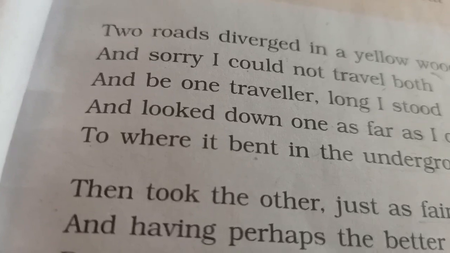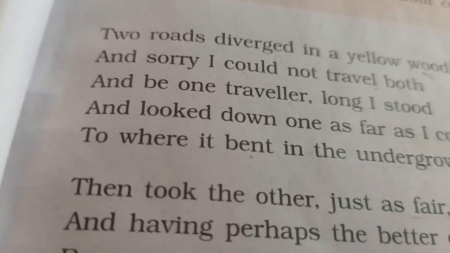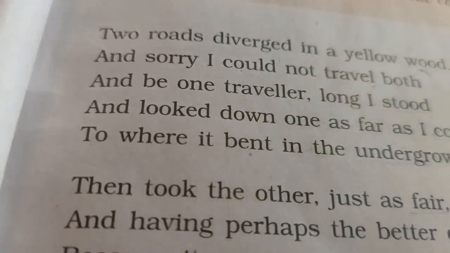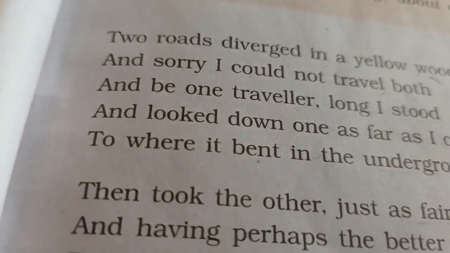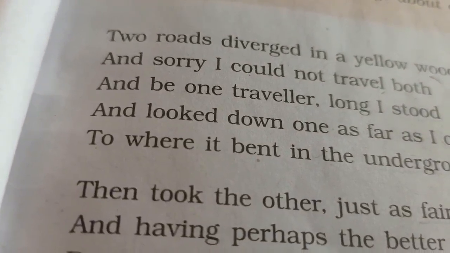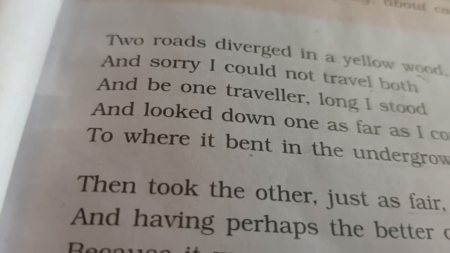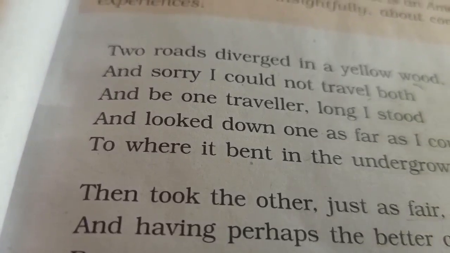For a long distance he is able to see the road, but he is not able to decide which road is best for him to travel on. Undergrowth means there are bushes on that road, and many more things. So he is not able to decide which one is the best road for him.